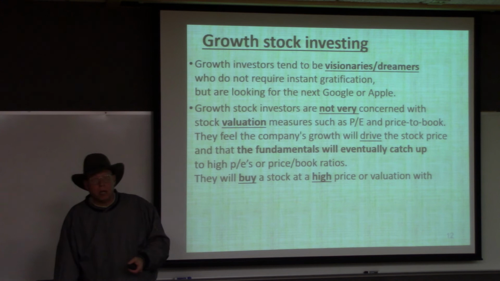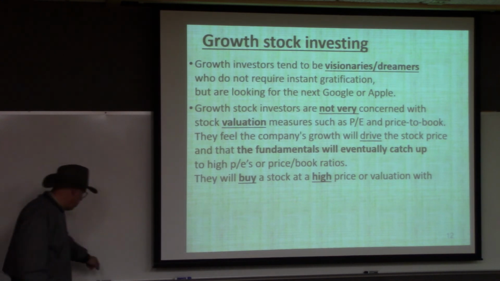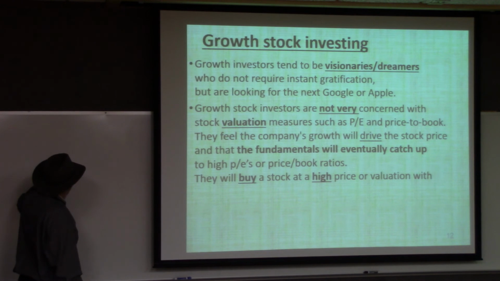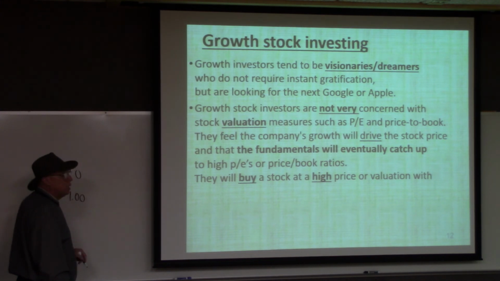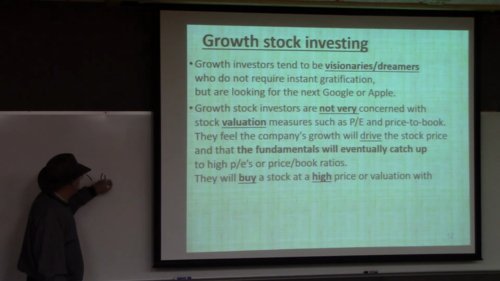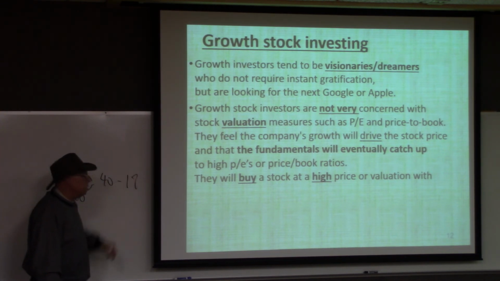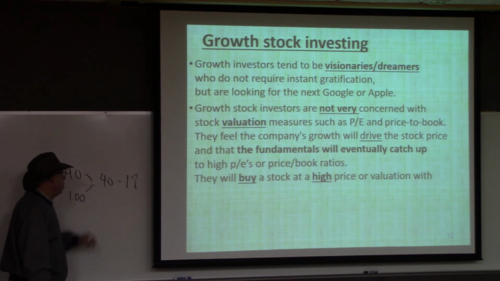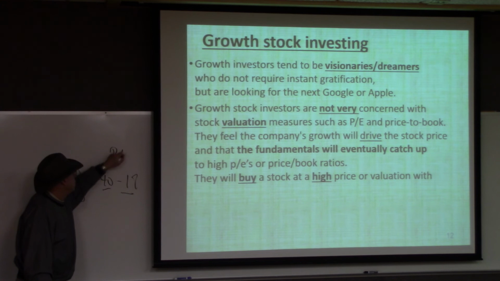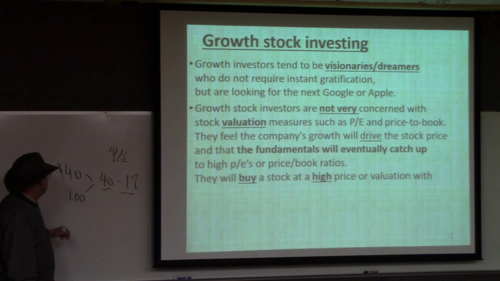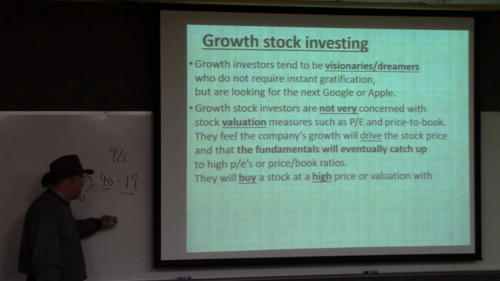Let's look at it this way. Let's say you've got a growth stock trading at $40 and the earnings are $1. That makes the PE 40 versus the market PE of 18. That makes it a growth stock, a really high PE. But here's the thing. Let's say this company grows earnings 100% next year. You've got $40 divided by $2 equals a PE of 20.